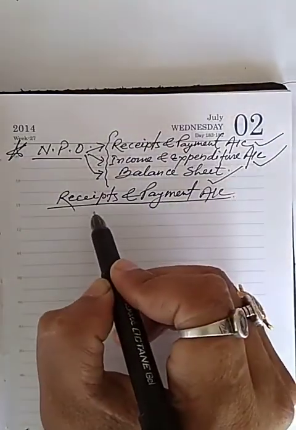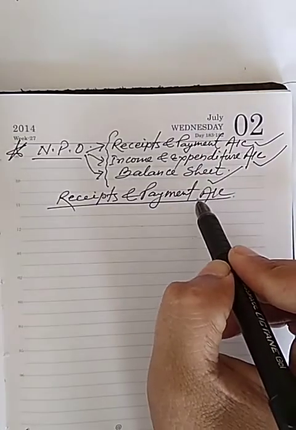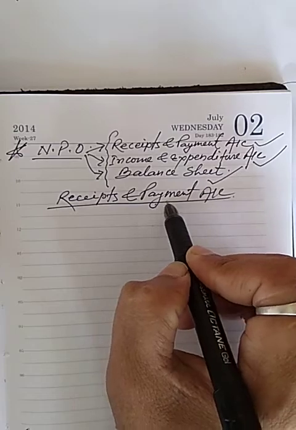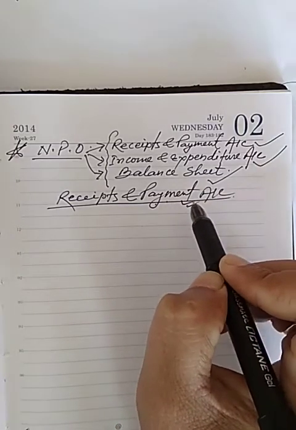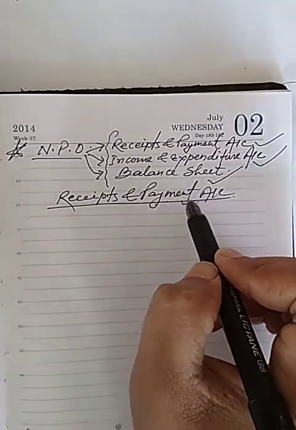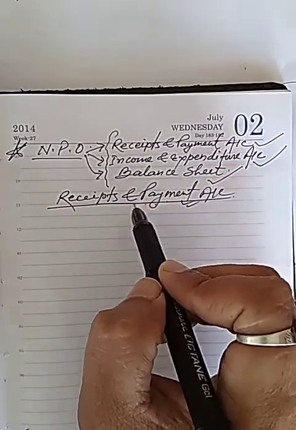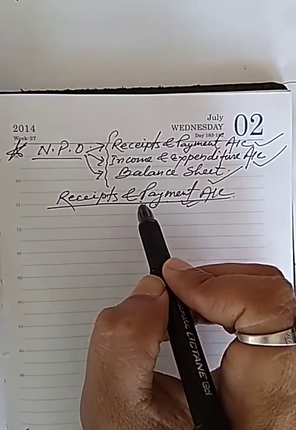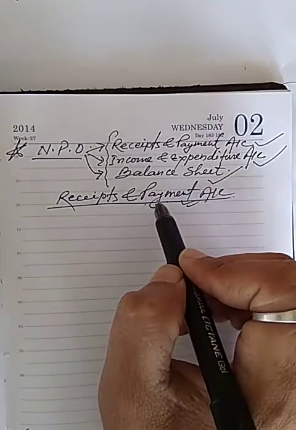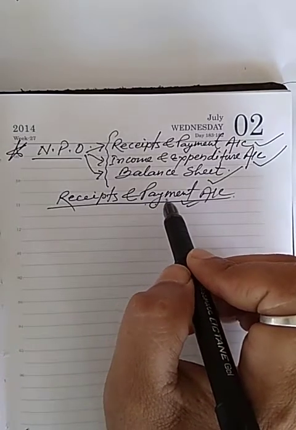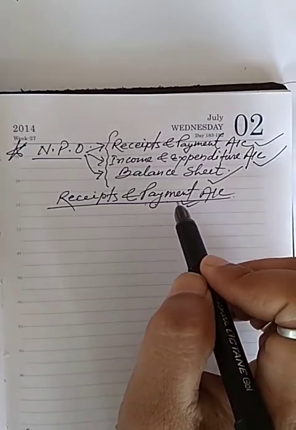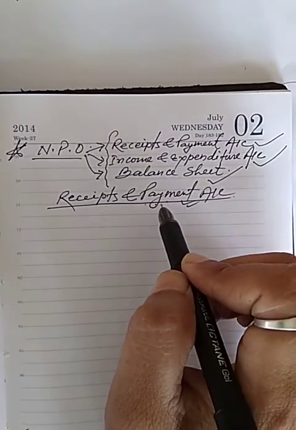This account is a summary of the transactions appearing in the cash book. According to William Pickles, receipt and payment account is nothing more than a summary of the cash book over a certain period, analyzed and classified under suitable headings.